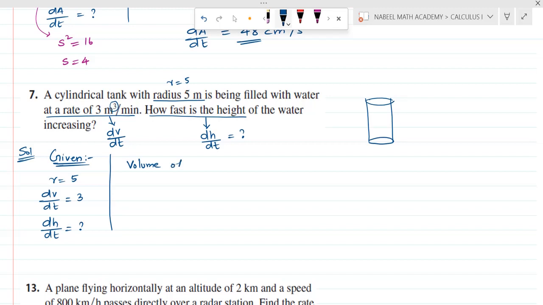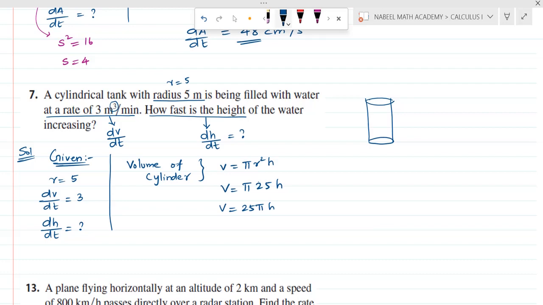Volume of a cylinder is given by V equals pi r squared h. I just substitute the value first. The r is given, I substitute before differentiating. So 25h. If you write it this way, this is actually 25 pi h.